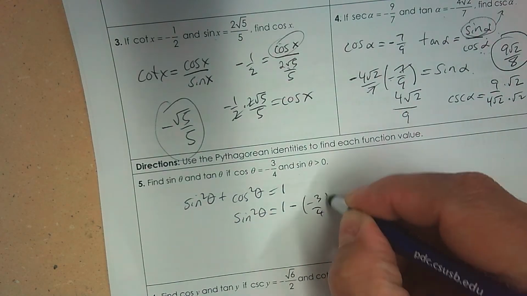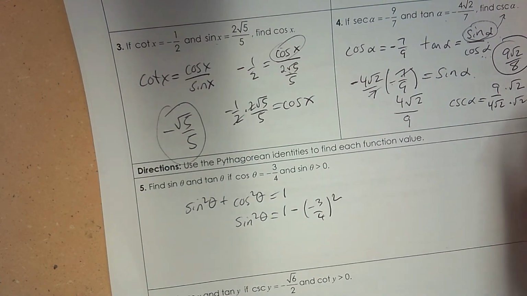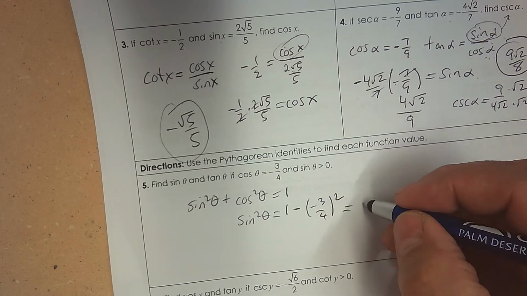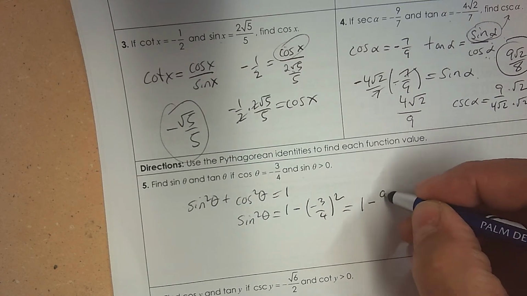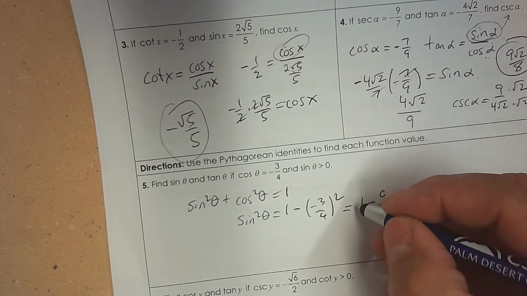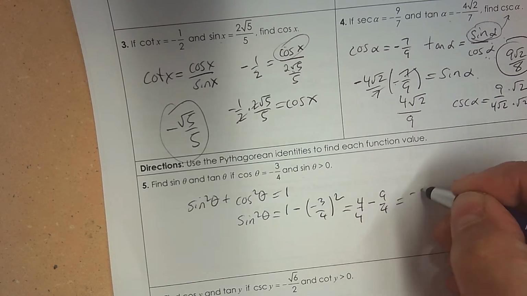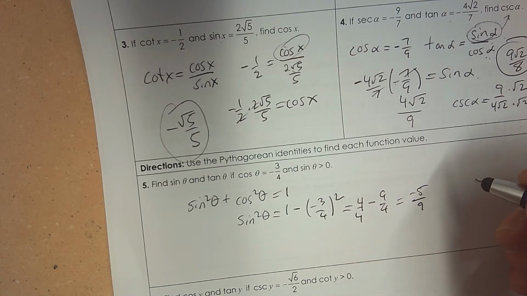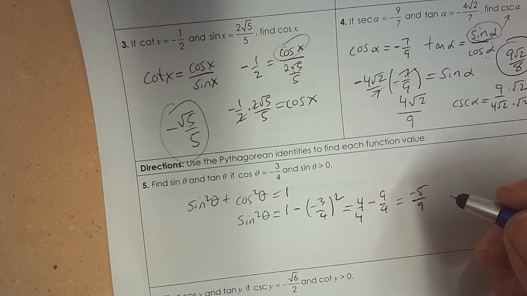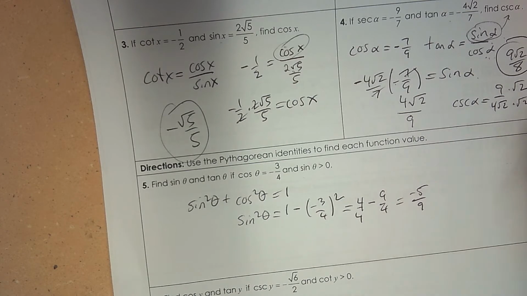So cosine is negative 3 over 4, so if I square it, it would be 9 over 4. I'm going to get common denominators so that I get negative 5 over 9. And then I still need to do the square root of that.